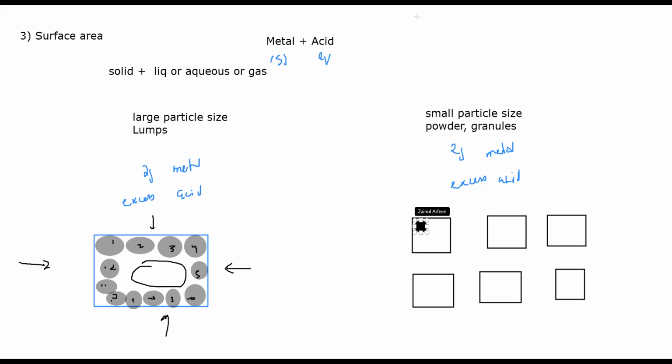The same thing happens: the particles which are at the surface are exposed to the surrounding. The particle size should be the same. Maybe my drawing will not appear the same, but it should be the same because we have the same substance, the size of the atom, basically. The particle size is different, but the size of the atom present in a lump should be the same as the size of the atom present in a powder, because it's the same substance, the same magnesium.